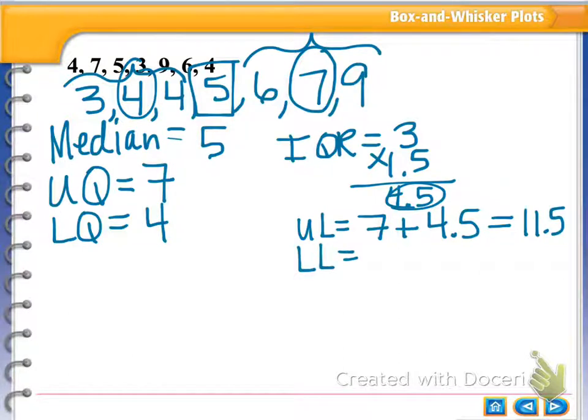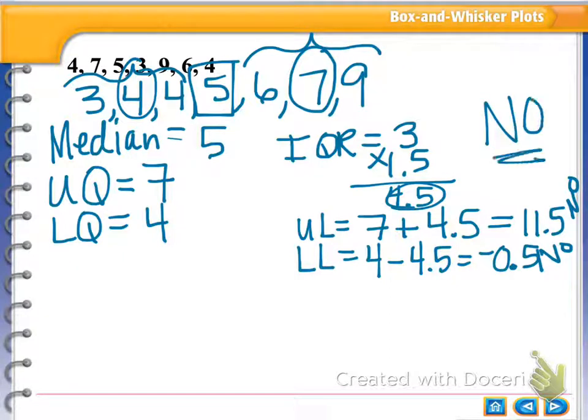And then for my lower limit, I'm going to take my lower quartile of 4 and subtract 4.5. So I have negative 0.5. All right, so looking at our values, we do not have anything greater than 11.5, so that one gets a no. And we have nothing less than negative 0.5. So no, we have no outliers.